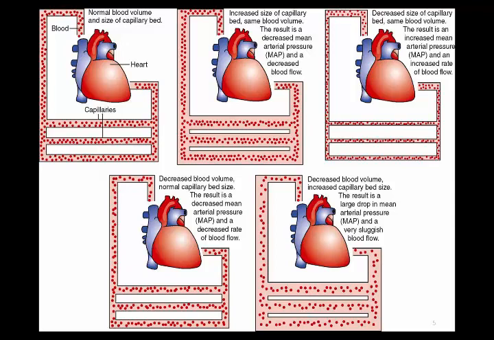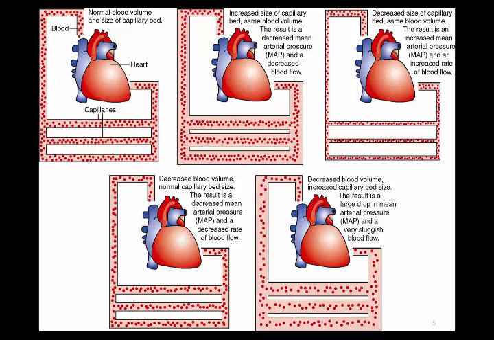When we do that, we're going to decrease mean arterial pressure. So there's an inverse relationship between the size of the vascular bed and the mean arterial pressure. If it goes up, mean arterial pressure goes down. If it goes down, mean arterial pressure goes up. And that's what you see in the third picture.